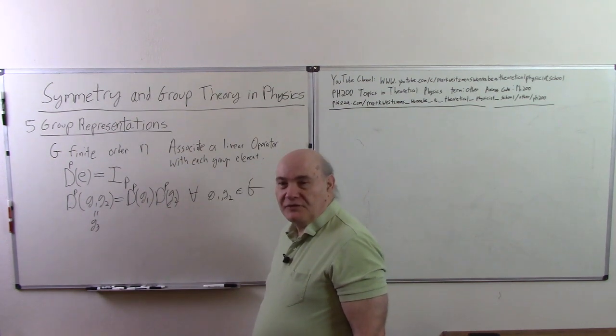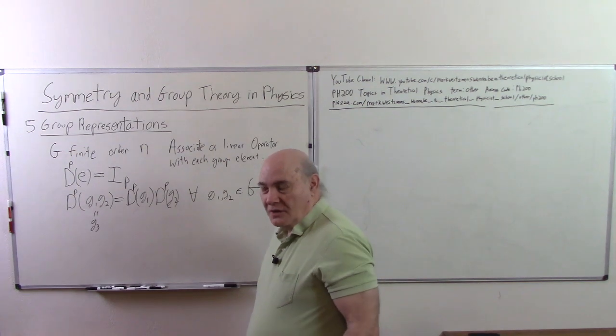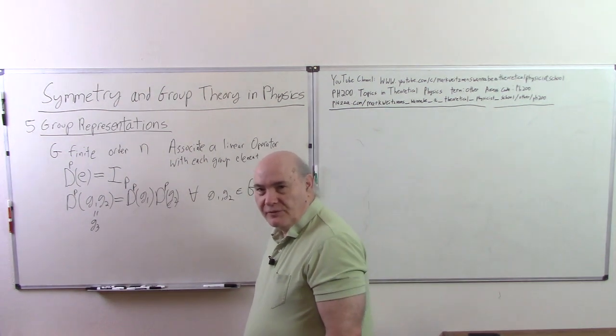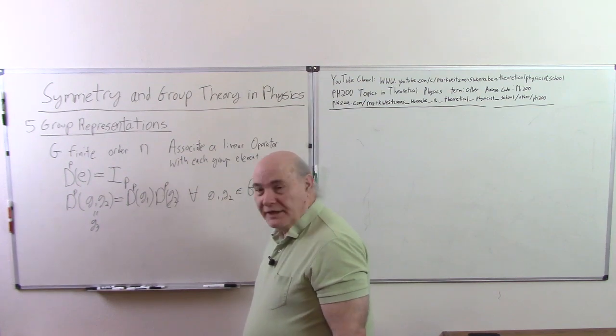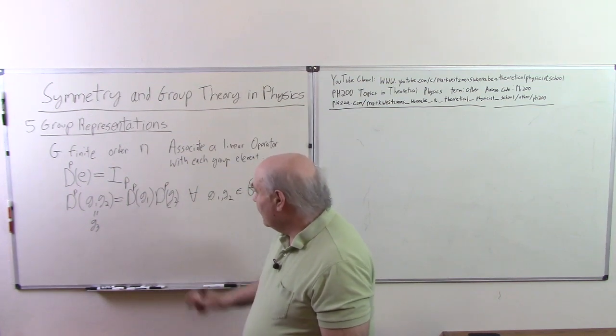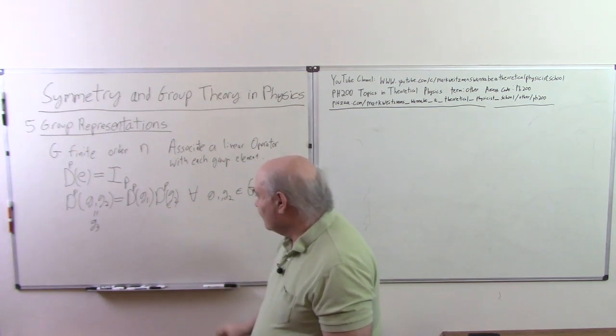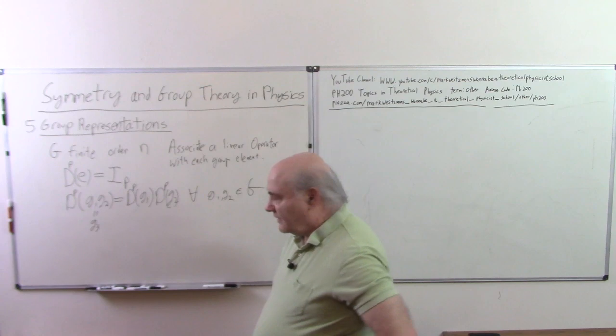So the idea here is that we can multiply the matrices, which we're comfortable with and used to, instead of multiplying group elements. The other thing is this is P-dimensional, so we're going to use P-dimensional matrices to represent the group elements.